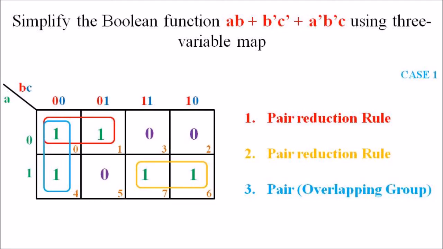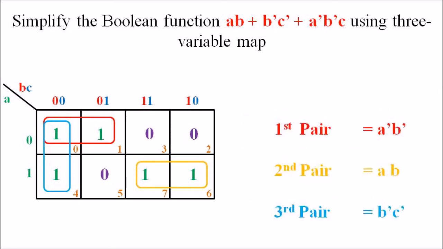The first pair, which is represented in red, pairs the cells 0 and 1. This pair lies in row number 1, in which the value of A is 0, that is A bar, which is unchanged, and the values of B and C vary from 0, 0 to 0, 1.